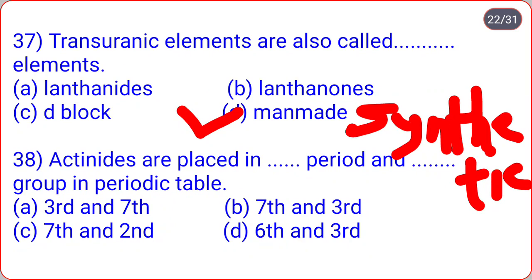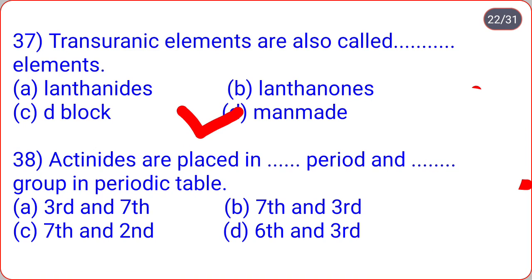Then actinides are placed in dash period and dash group in the periodic table.